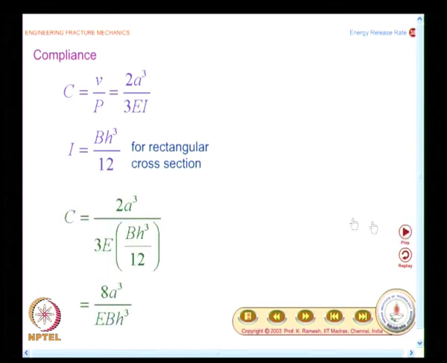And what you will have to keep in mind is, the moment of inertia is B h cube by 12, and from the expression for V, it is easy for you to write the compliance C as 2 a cube by 3 E I, and now replace I in terms of b h cube by 12, you finally get the compliance as 8 a cube divided by E b h cube.